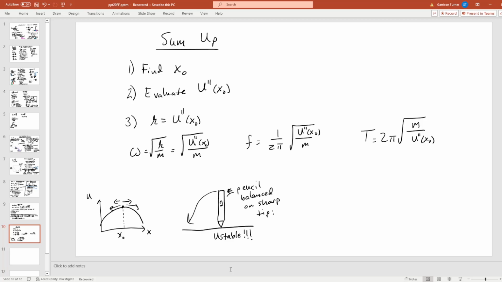So stable equilibrium: local minima only, or global, but some sort of minima.